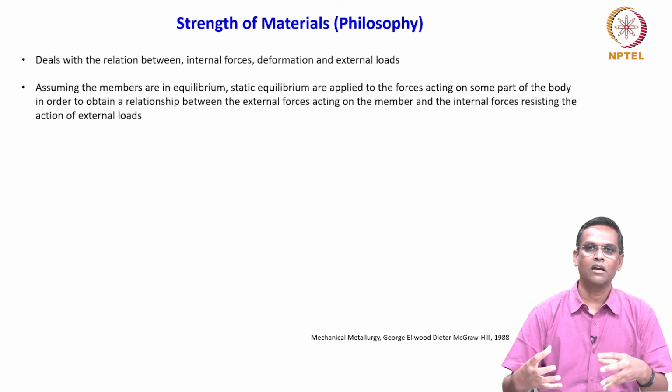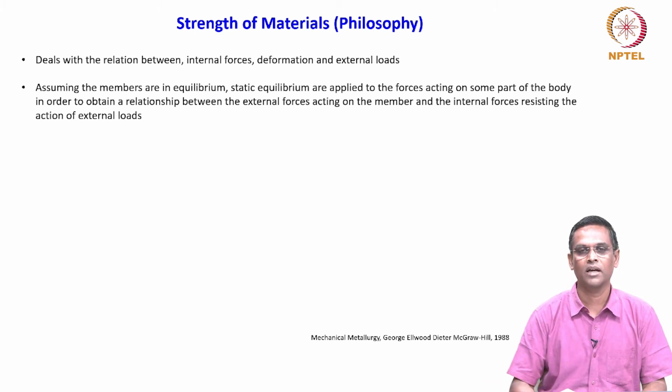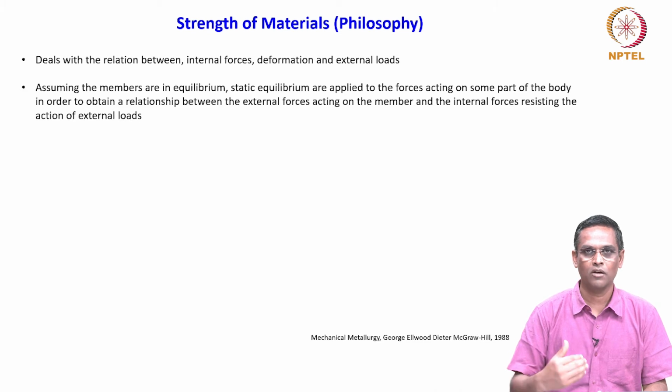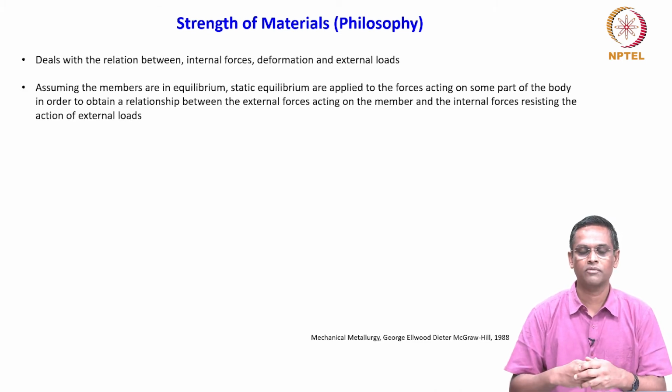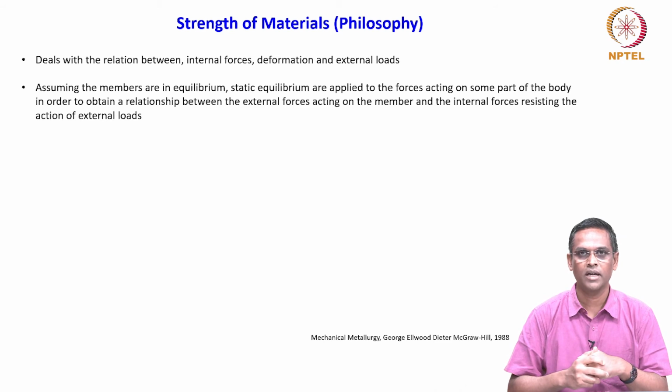So when the external force acts on the body, the internal forces will resist it. Basically the internal force resistance is termed as stress, right? The resistance to external force in terms of internal resistance. For example, here we talked about primary bond, secondary bond, and so on. So all these bonds will resist the external force, right?